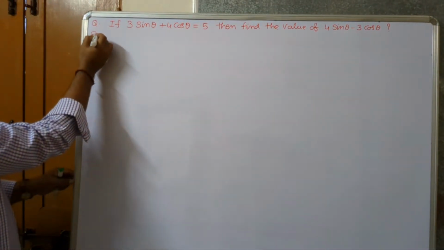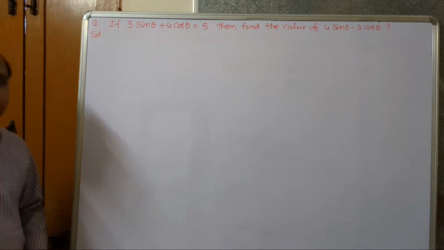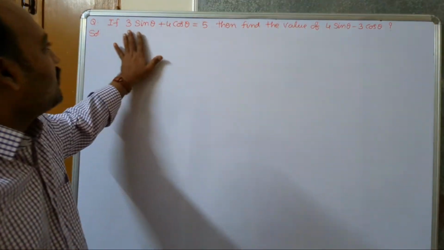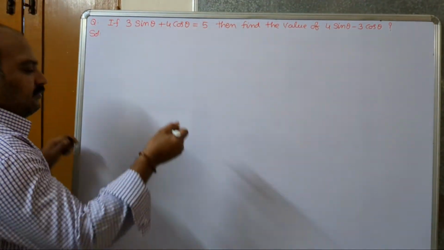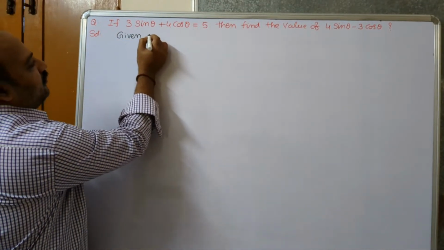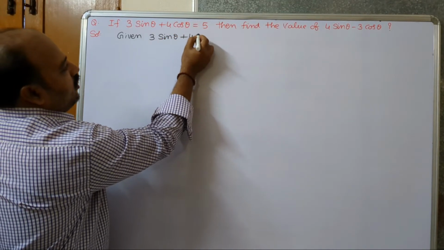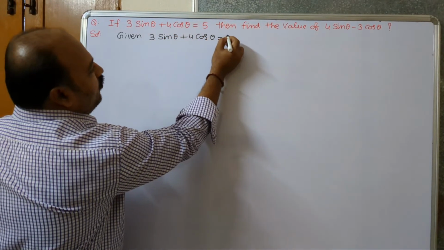So to solve these types of problems, shortcut formulas are also there. The shortcuts all come from the regular method only, dear students. So first, this value is given: 3 sin theta plus 4 cos theta is equal to 5.